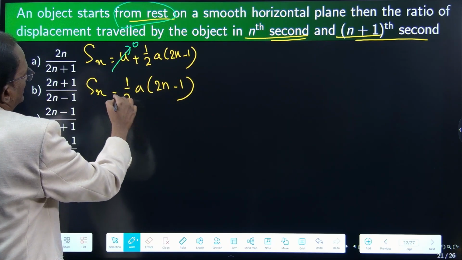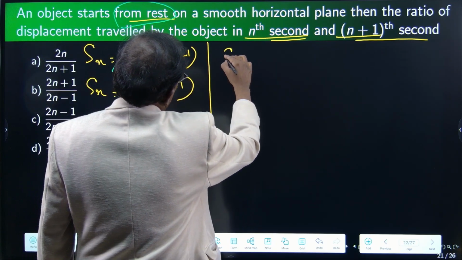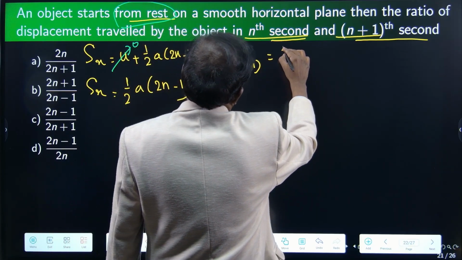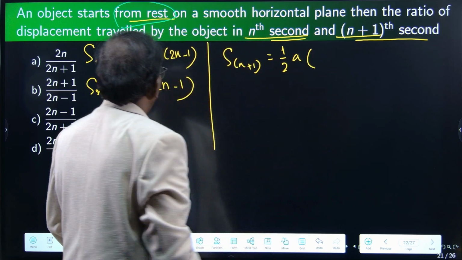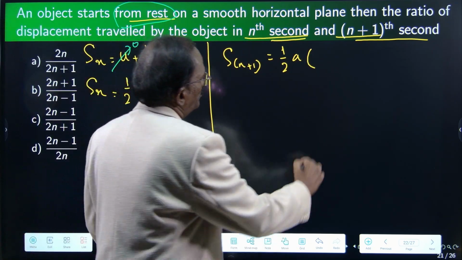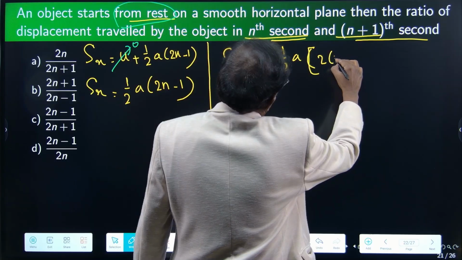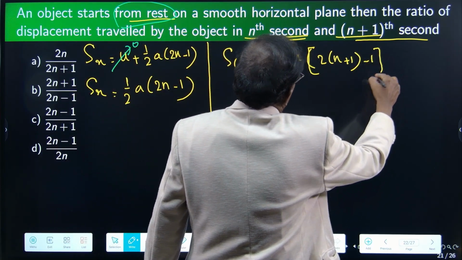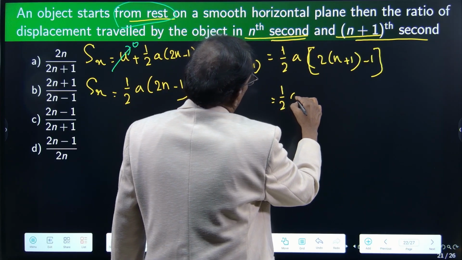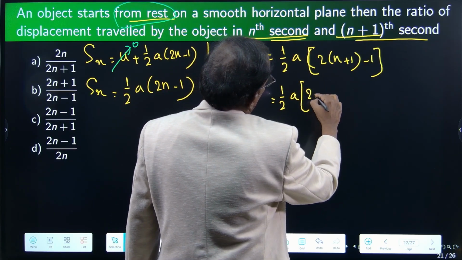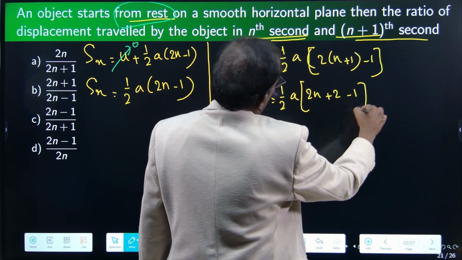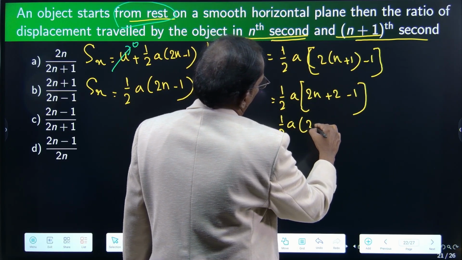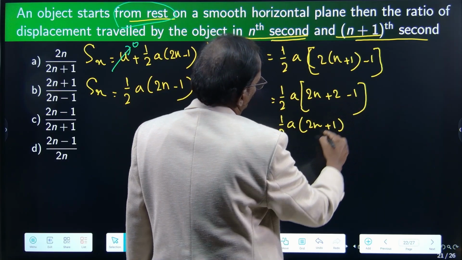This is for Sn. Then Sn plus 1 is equal to a by 2, instead of n, let me put n plus 1, minus 1. So this is a by 2 into (2n plus 2 minus 1). So this is a by 2 into (2n plus 1), right?